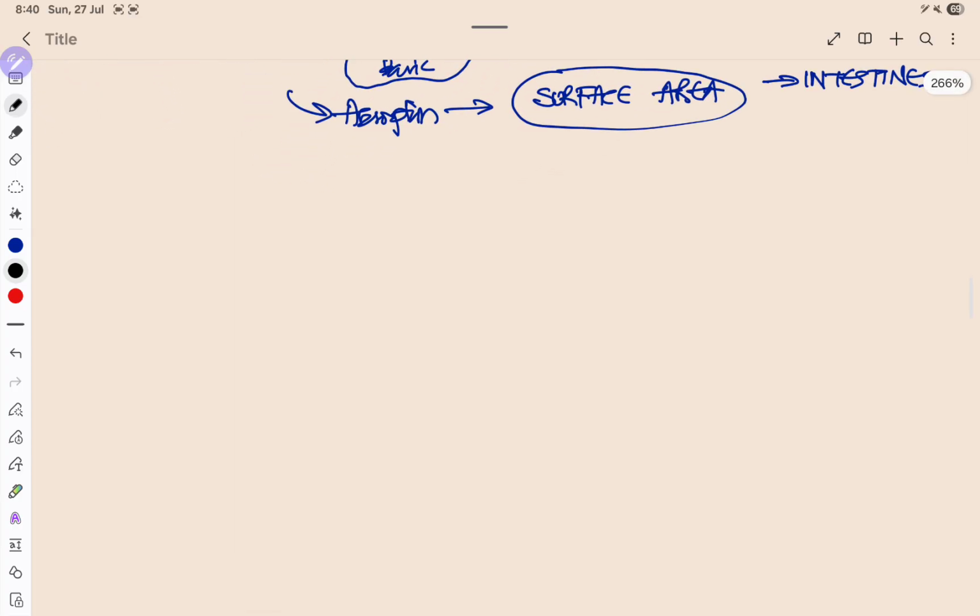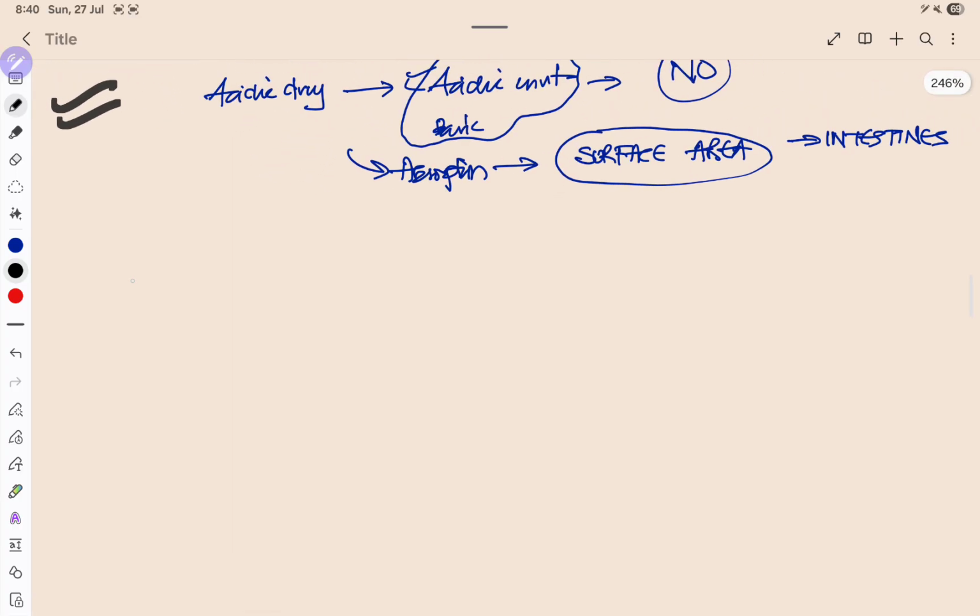Now, if a drug is lipid soluble, easy absorption. After binding to receptor or after performing the pharmacodynamic activity, it has to be removed from the body, excreted.